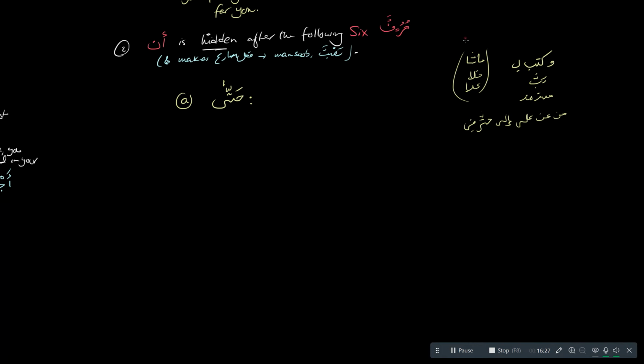So these were all the huruf al-jar. You can see hatta was here, right? Ordinarily, because of a harf jar, the subsequent word would be majrur, but sometimes with hatta there is a hidden an inside, and it makes the following word mansub, not majrur, as the huruf al-jar would do.